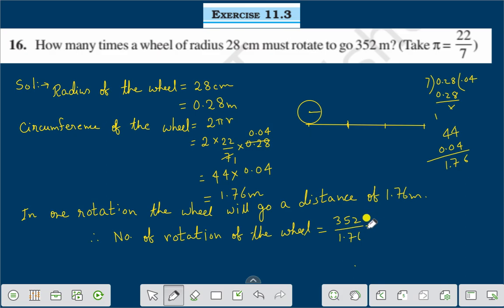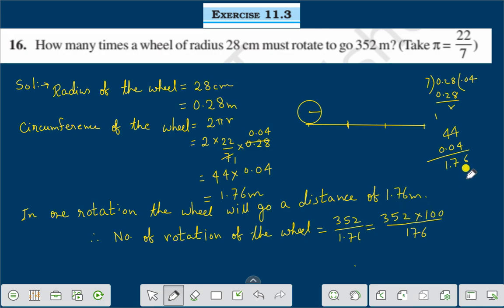Now it will come to 352 into 100 by 176.